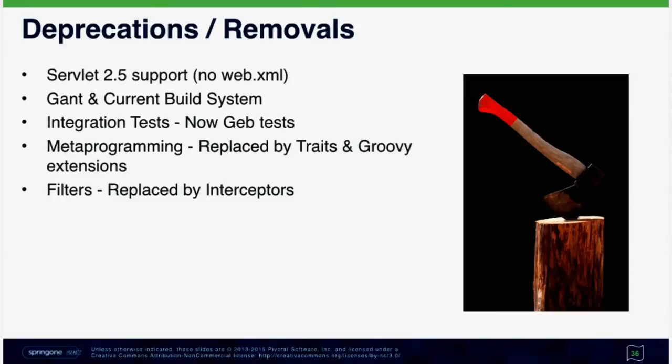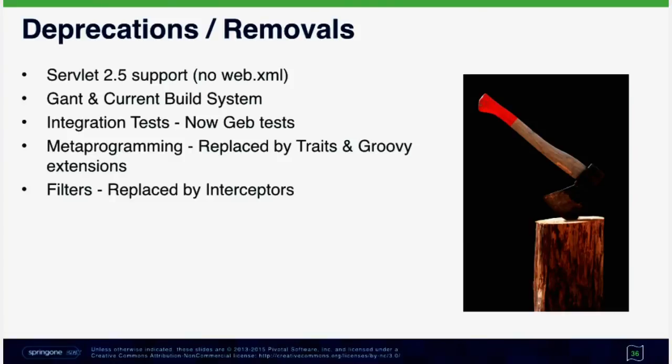And filters. So filters still work in Grails 3. There's still a filters plugin. It's not going to be developed any further. It's largely considered deprecated. You can still use it. I think in Grails 3.1, we are going to externalize it to a separate plugin available via the plugin portal.